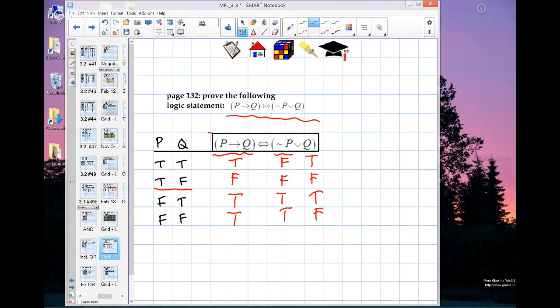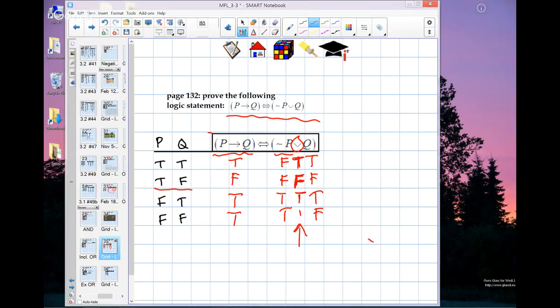And now we have to connect them in between here, and we have to use the inclusive OR symbol. What was the rule for that one? Only false when they're both false. So that would be this one, right? Here they're both false, so it's anything else, it's true.